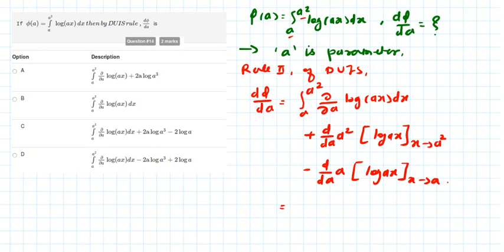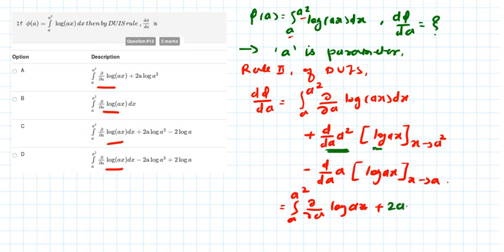If you will observe the options, option contains this term directly. So no need to simplify the first term. We will keep it as it is, integration a to a square del by del a of log of x, plus derivative of a square with respect to a, that is twice a, and in log x replace x by a square.